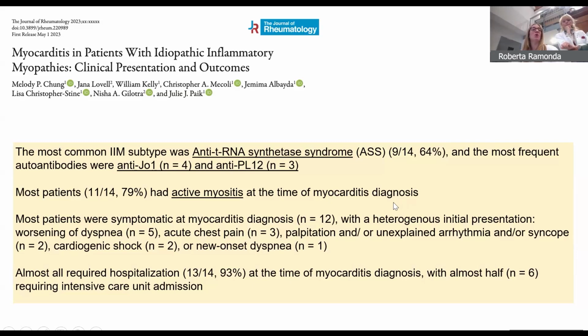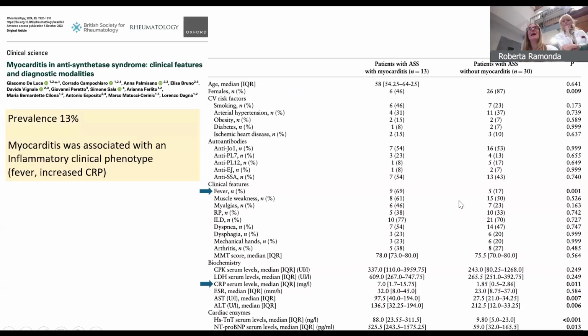Also, in these cases, normally the myocardial involvement is associated with active myocarditis and also with other features of active disease, for example the presence of fever, that is another feature typically found in this syndrome. I remind you that in this syndrome, compared to the other forms of myositis, we have a high frequency of Raynaud's phenomenon, and this is a link with scleroderma and the pathogenesis of the cardiac involvement, and also increased CRP.